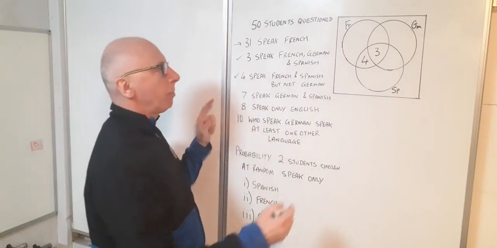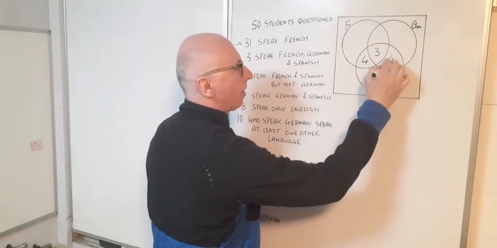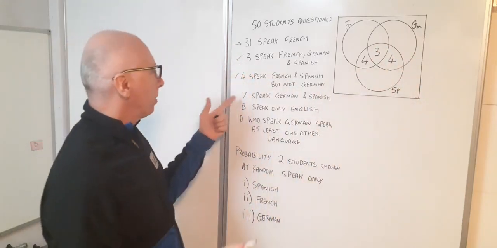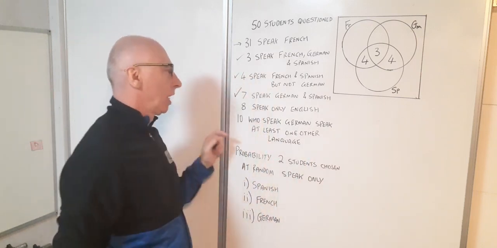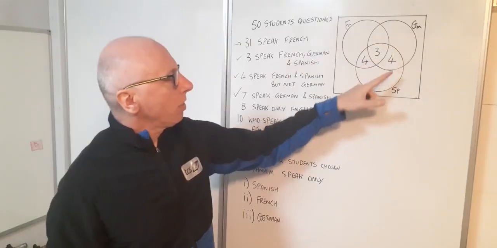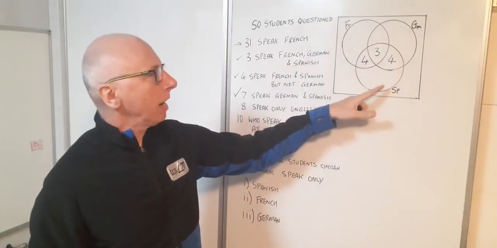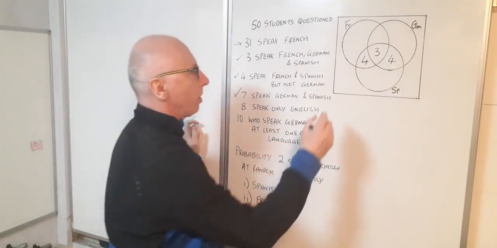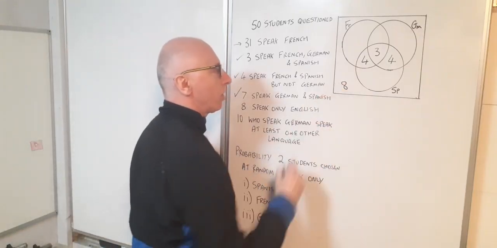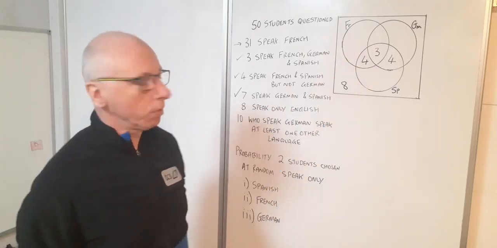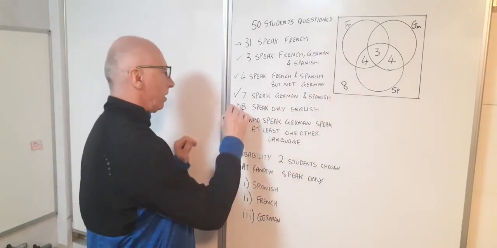So if I put 4 there, that will give my total as 7, and that will be shared out in the correct manner. 8 speak only English. Well, my 3 circles in my Venn diagram have German, Spanish and French, no space for English. So the 8 are still included in the survey, so they will go in the box, but not in the circles. So that takes care of that.